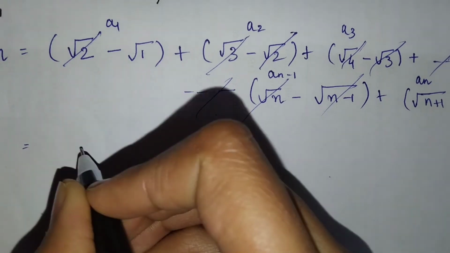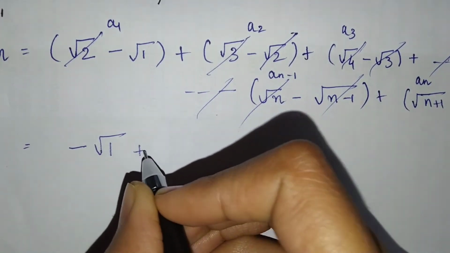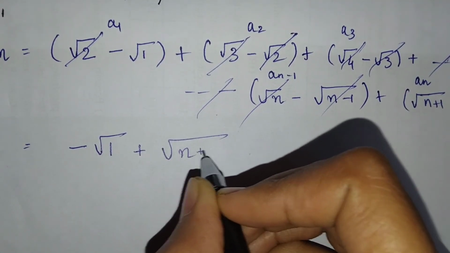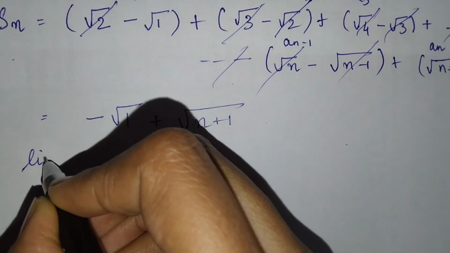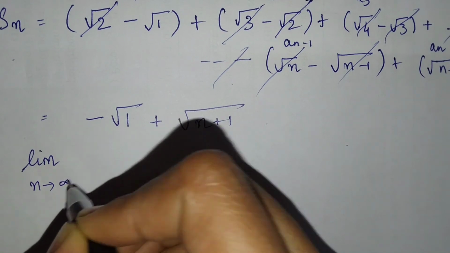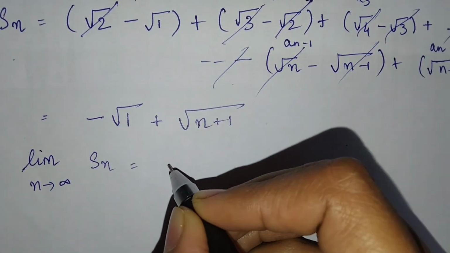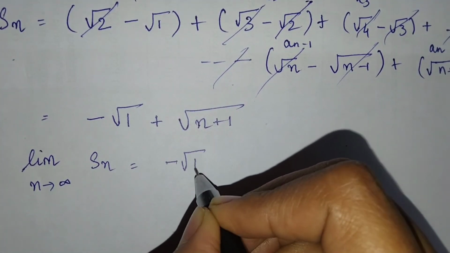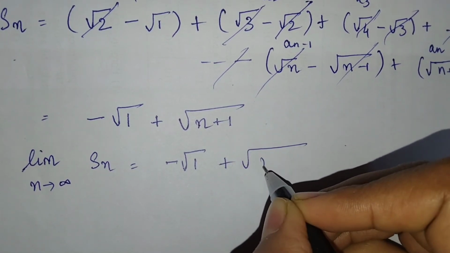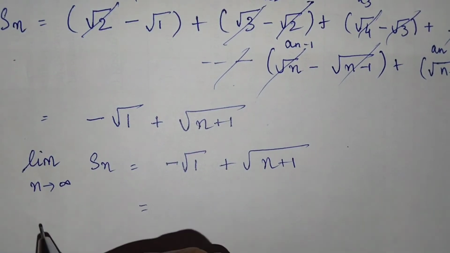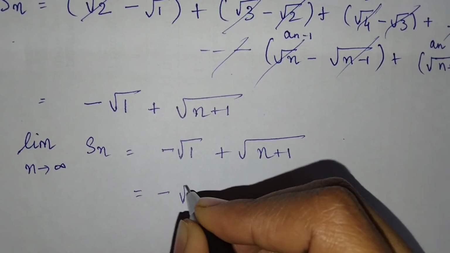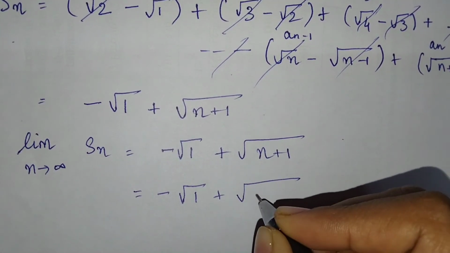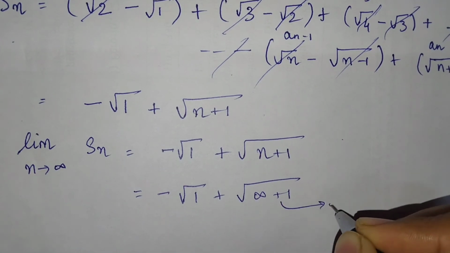So we can write it as minus under root 1 plus under root n plus 1. If I put the limit here, that is limit n tends to infinity of Sn, then what is our Sn? That is minus under root 1 plus under root n plus 1. If I substitute limit n equal to infinity here, I will get minus under root 1 plus under root infinity plus 1, that is infinite.